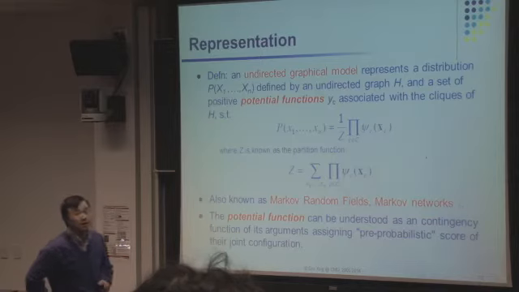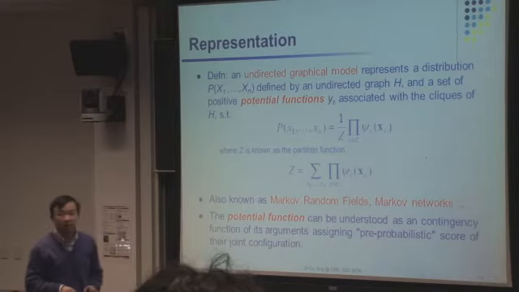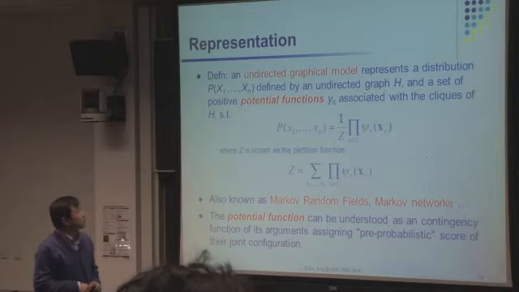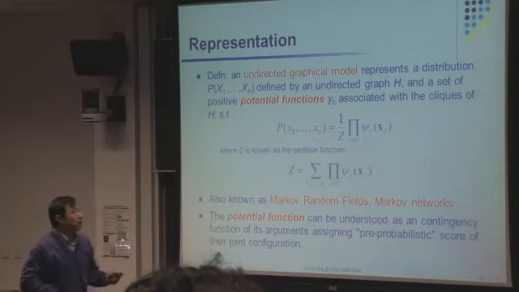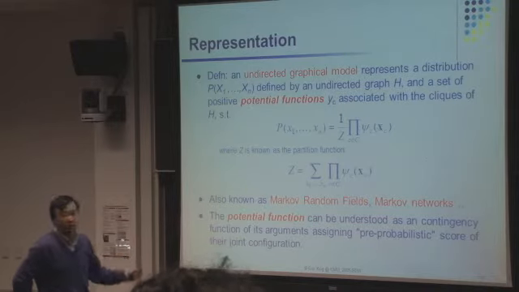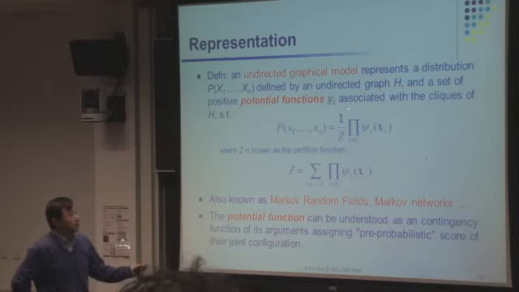So with that, let's start with maybe a slightly deeper mathematical dive into how such a distribution can be defined. So the definition is actually quite simple. You have a graph, and we assume that on the graph, we are going to define a set of functions called potential functions, okay, for the cliques in the graph.